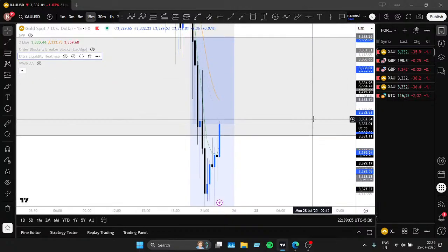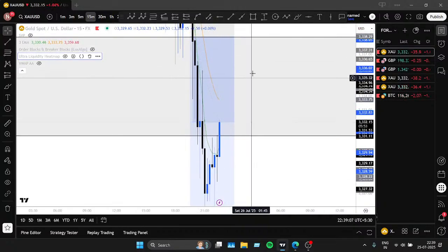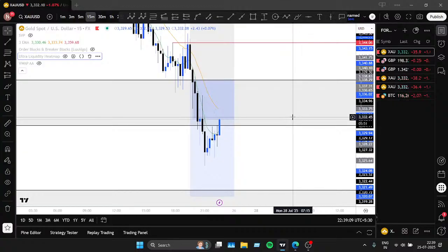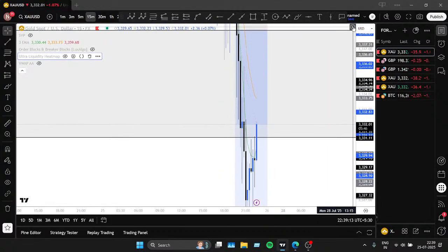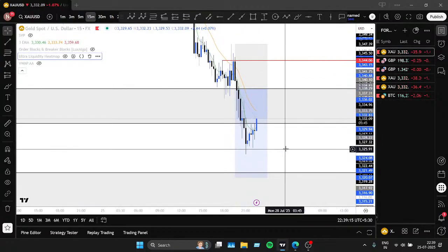I think after this 15 minutes candle sweep, gold might fall lower, but let's see.